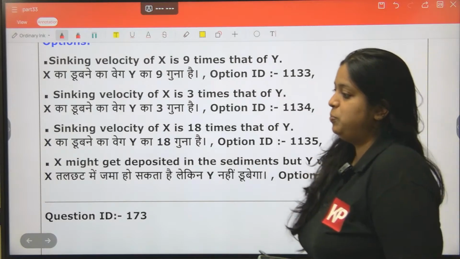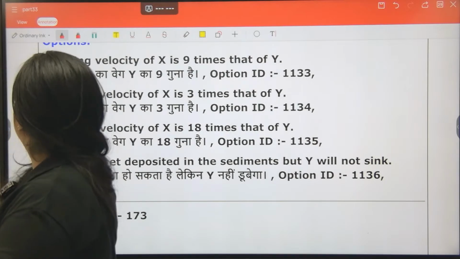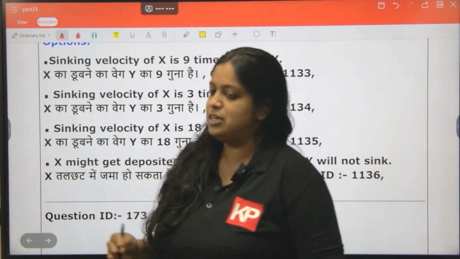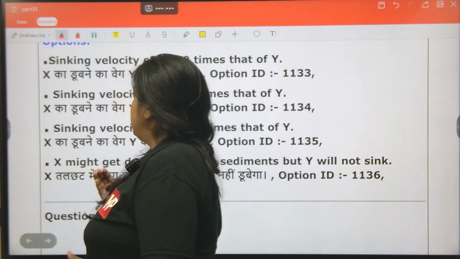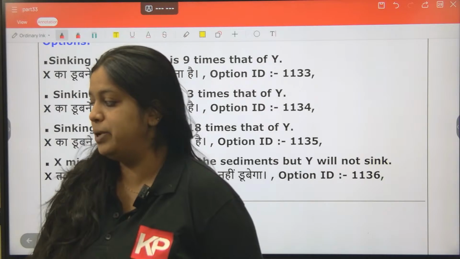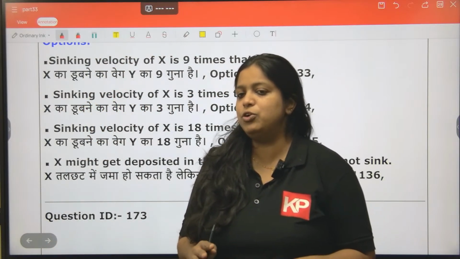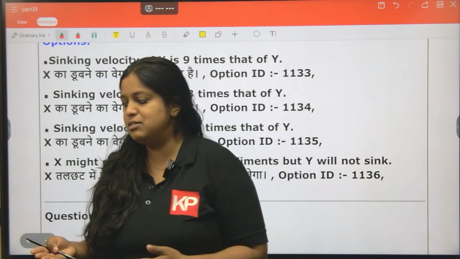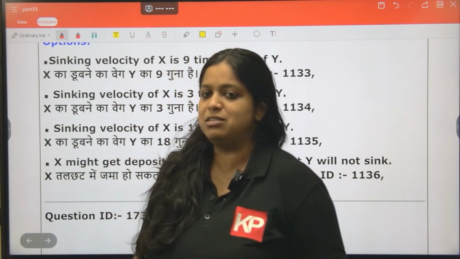Okay, I'll explain. See the relationship between radius and settling velocity. There are different equations that define the settling velocity or sinking velocity. There is Yalin's number and Reynolds number that define the settling velocity. Even if you don't know the equation or the relationship between radius and settling velocity, this is still a very common sense kind of question.